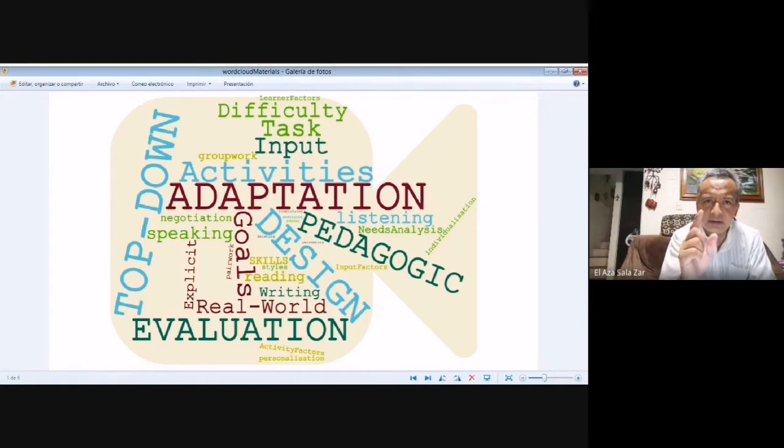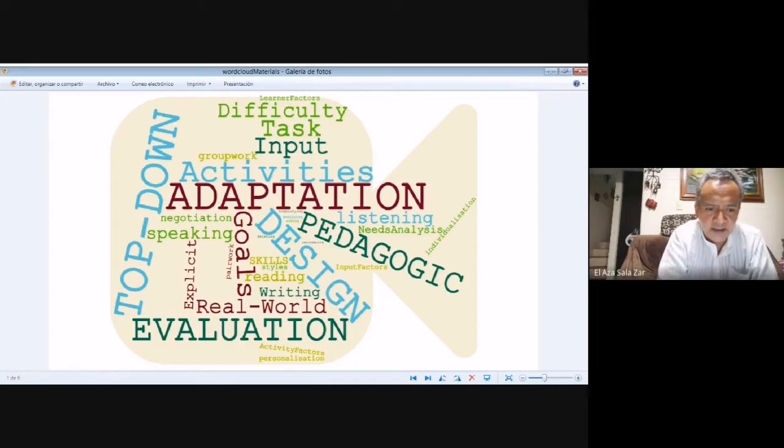We design new materials, or we adapt other materials. So I think these three concepts are very important. We can read them in the word cloud: adaptation, design, and evaluation. That's what we do as teachers. Sometimes we adapt materials which are authentic.